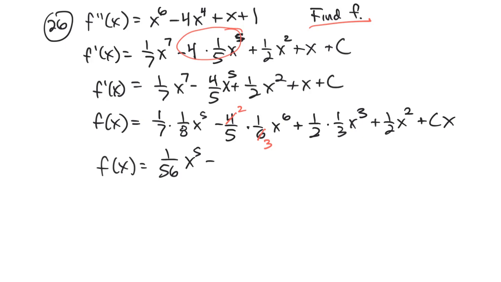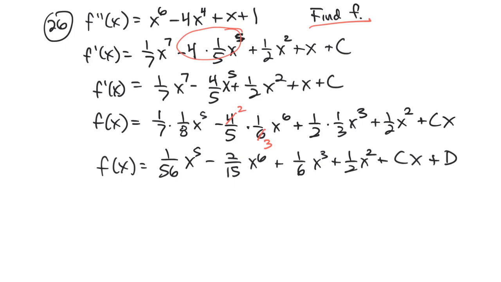So we really get 2/15 x to the 6th plus 1/6 x cubed plus 1/2 x squared plus cx. And then we're taking an antiderivative here, right? We're taking the antiderivative of this, so we need another constant. So typically what we do is you just go plus d.